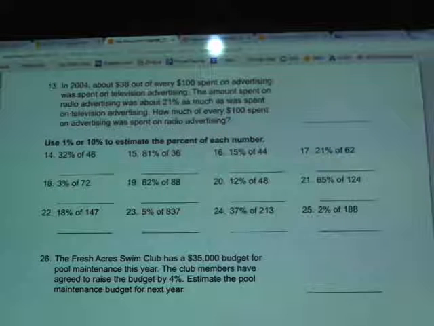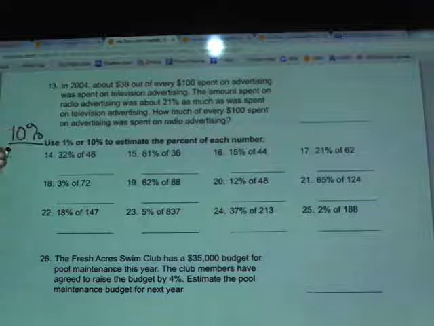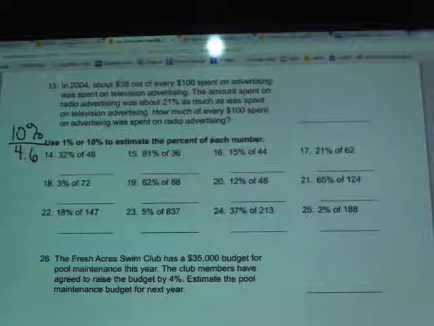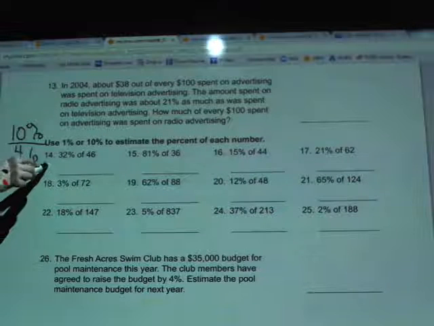Okay, so with 10%, we're going to take in number 14, where they're asking us to work with the number 46, move the decimal in one time, and the result is 4.6. And then when they ask us to find 1%, we're going to move the decimal in another time, and we get 0.46.